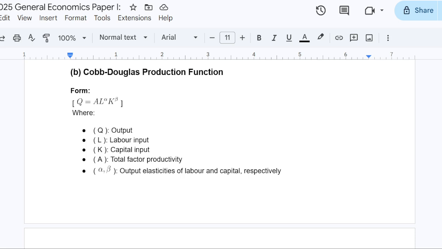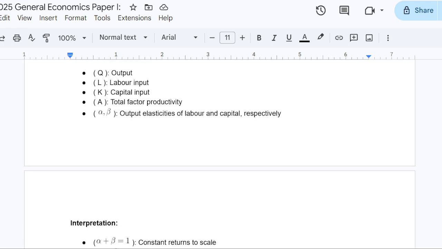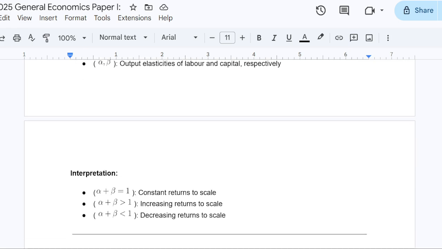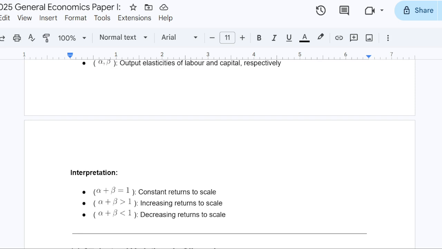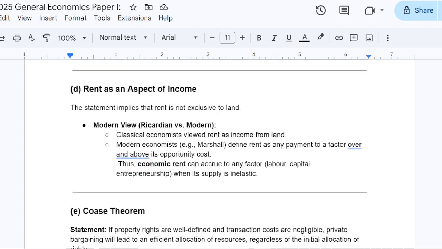Alpha and beta are the output elasticities of labor and capital, sometimes also known as the shares of labor and capital. If alpha plus beta is equal to 1, then it is constant returns to scale. If it is greater than 1, then increasing returns to scale. If it is less than 1, then decreasing returns to scale.